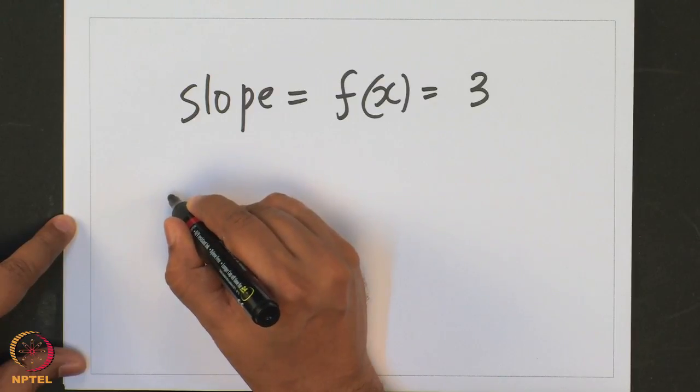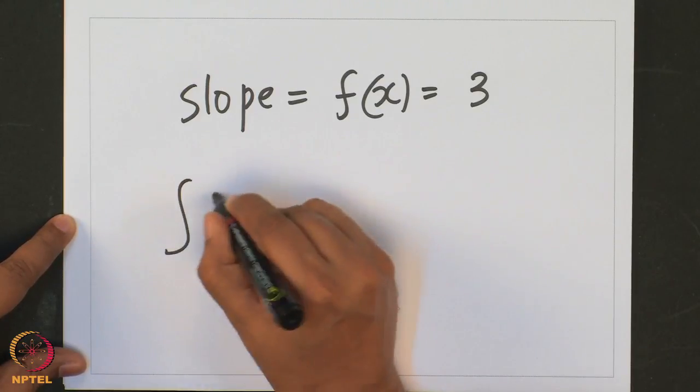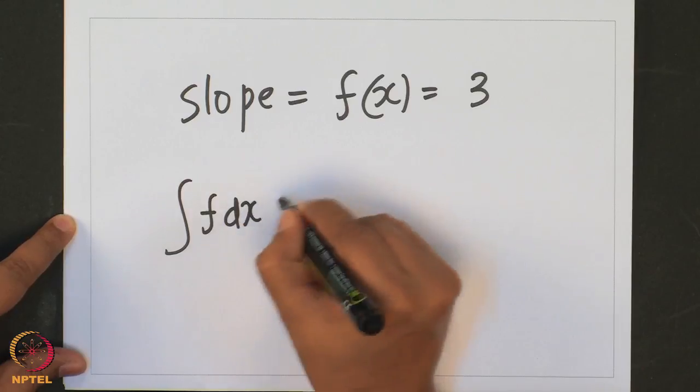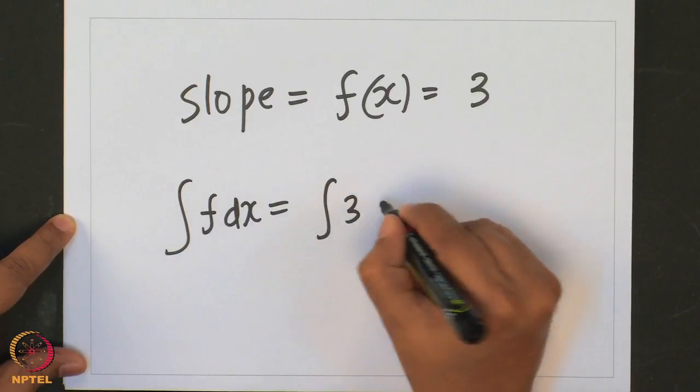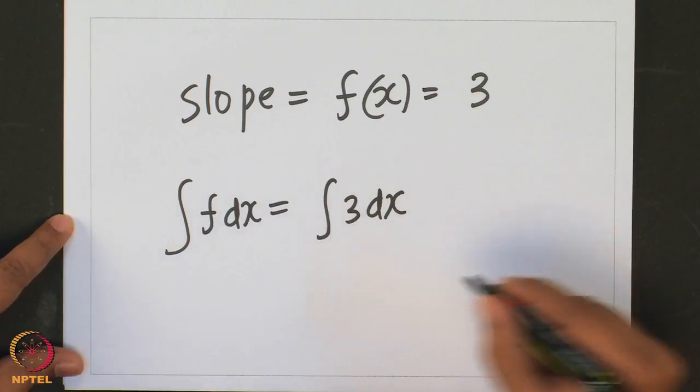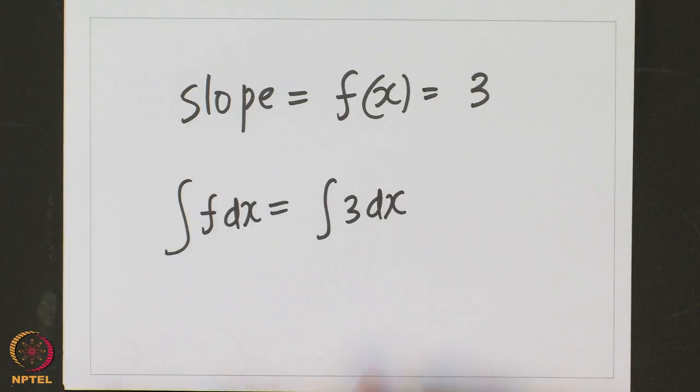The integral that I want to calculate is integral f dx, which is integral 3 dx. And we know how to find the answer to this using the formulas that we learned.